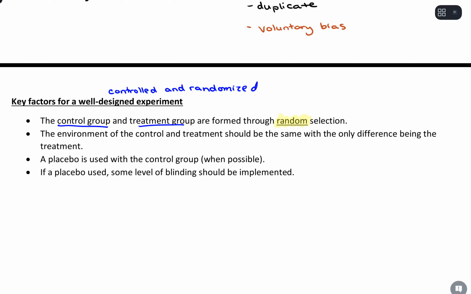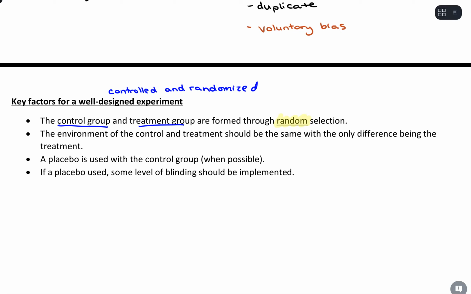The environment of the control and treatment group should be exactly the same, with the only difference being the treatment. Now, this can be hard to control, but it makes such a difference. If you can make their lives completely the same except for the treatment, that eliminates a lot of lurking variables right there. So if you can make the treatment the only difference between the two groups, that's fantastic.